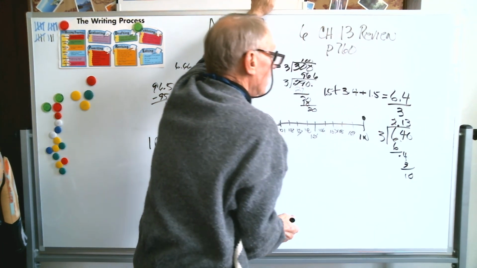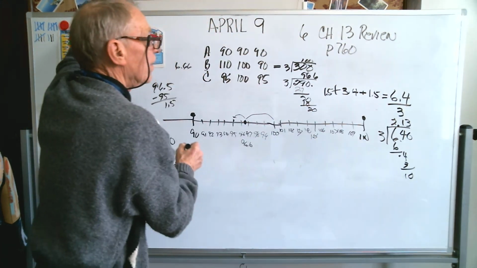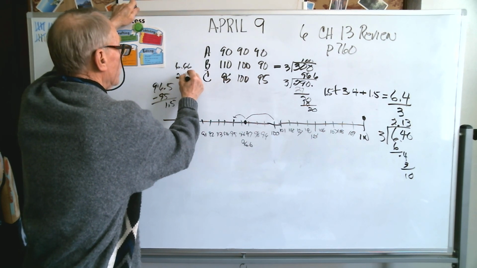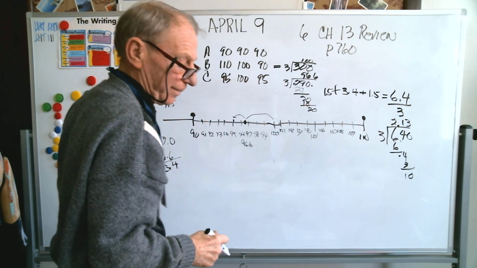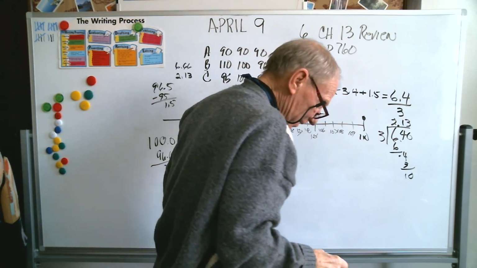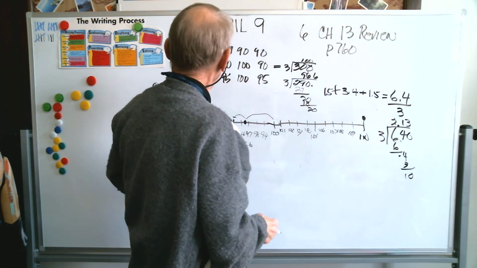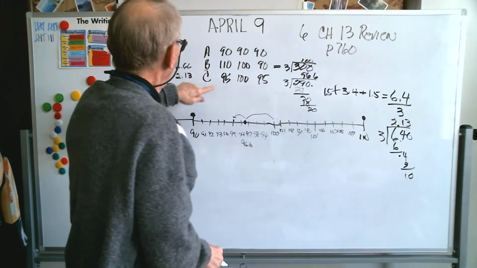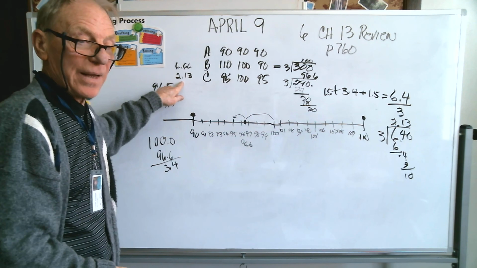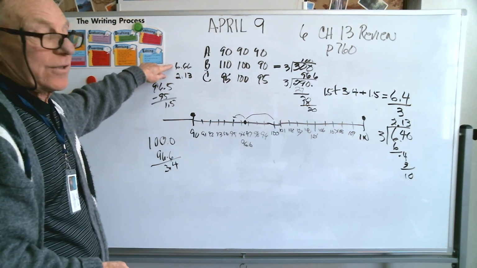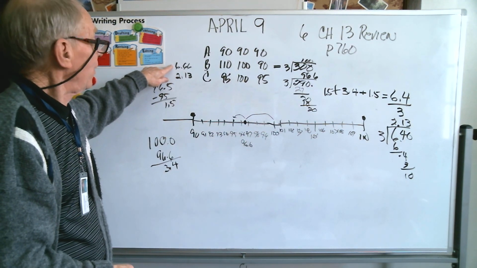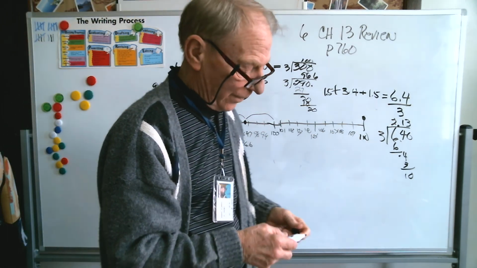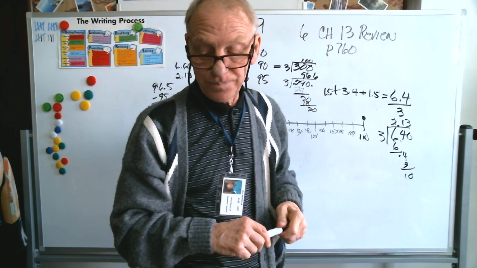So we got a mean deviation here of 2.13. Now what's it asking us? The mean absolute deviation of player B is greater than the mean absolute deviation of player C. And 6.66 is greater than 2.13. So you would answer C, yes.